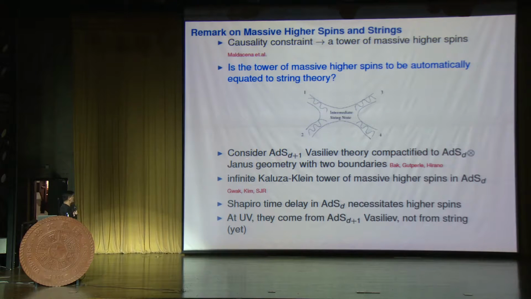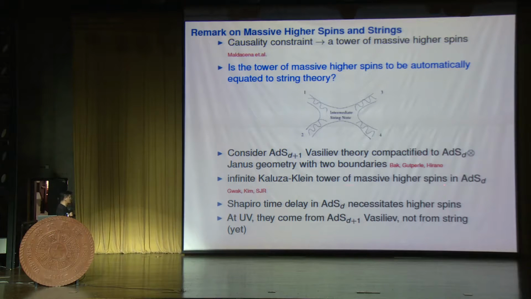If we consider AdS D+1 Vasiliev theory, which is not string theory, but only higher spin of multiplicity 1 for each spin, and then compactify on AdS D, and this was just discovered recently with my student, in the background of the so-called Janus geometry, which has two boundaries, then you can actually get a lower dimensional Vasiliev theory, which has all massless higher spin, as well as infinite towers of massive higher spin. And furthermore, there are no conserved Kaluza-Klein charges.